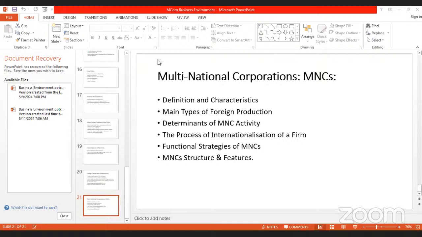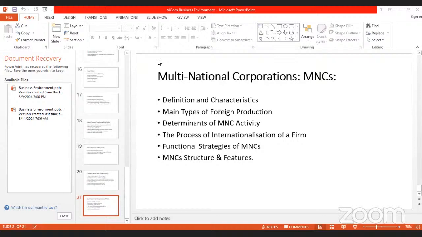It is a more flexible network structure that allows for greater coordination and integration across global operations. So in all, there are four structures of MNCs. These are global product division structure, geographical division structure, matrix structure, and transnational network structure.